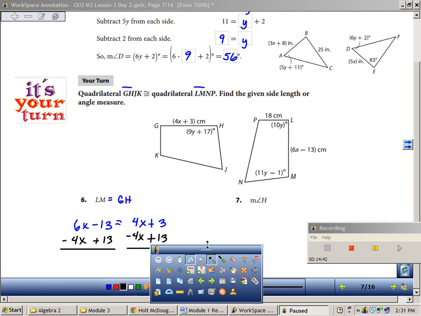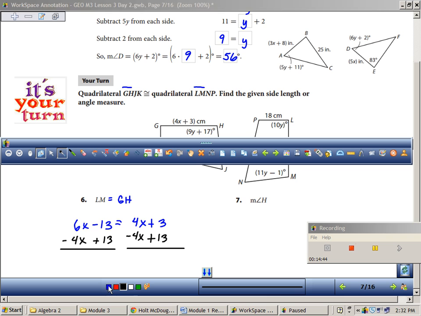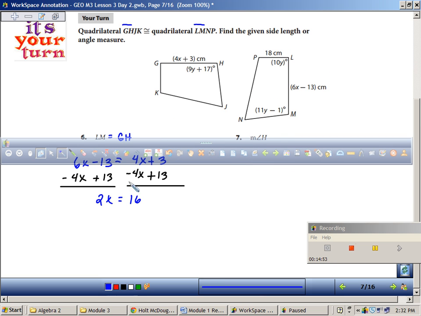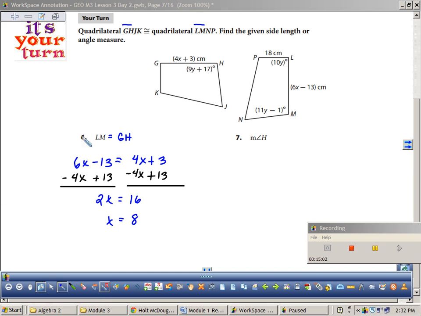All right, what's left over? 6x minus 4x is 2x equals 16. If 2x is equal to 16, how much does 1x equal? Are we done? We found 8. You gotta plug it in. We've got to substitute. It told me to find LM.